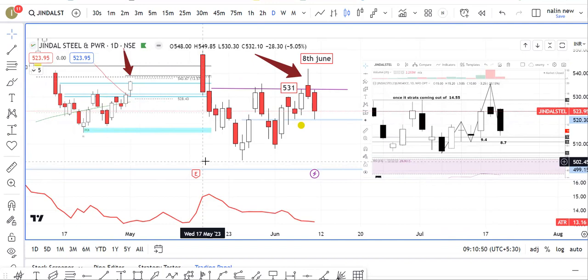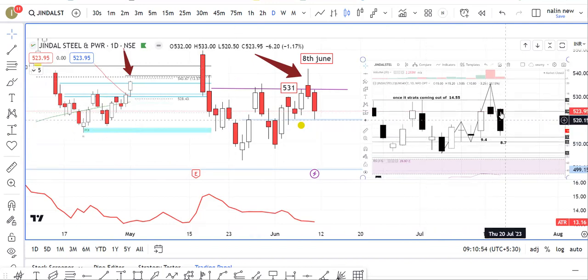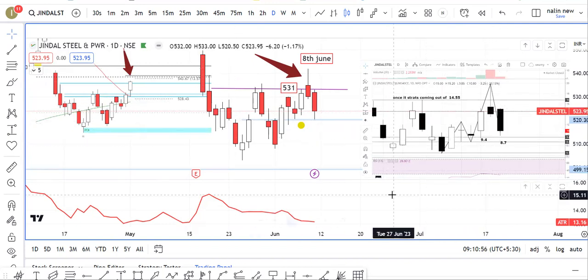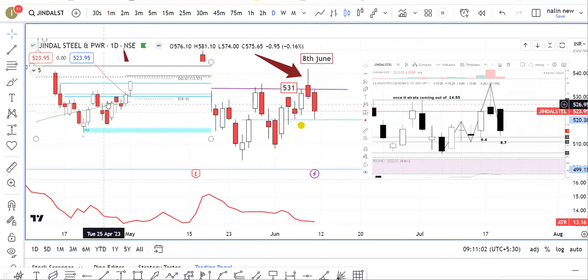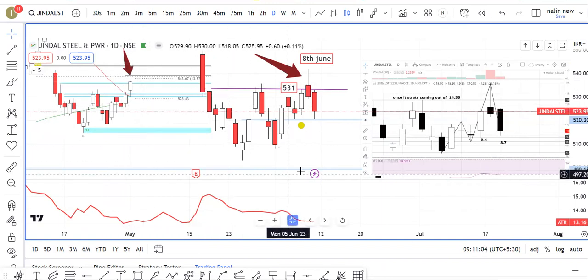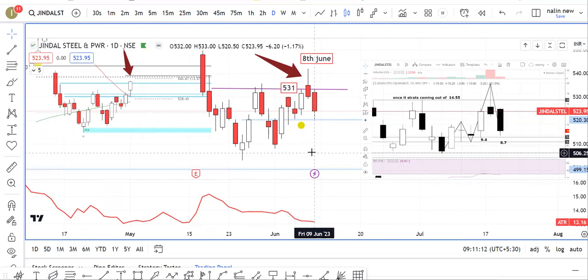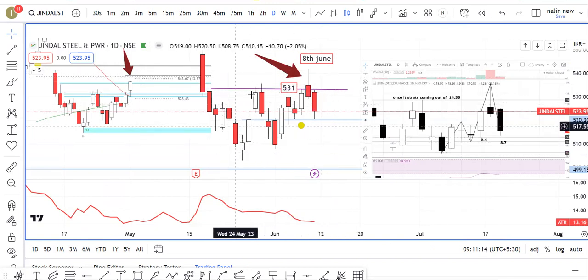So when the stock starts appreciating and coming out of the range, the stock option movement will be very less.